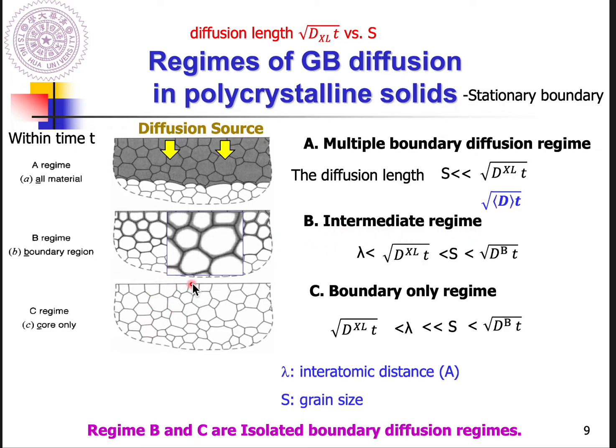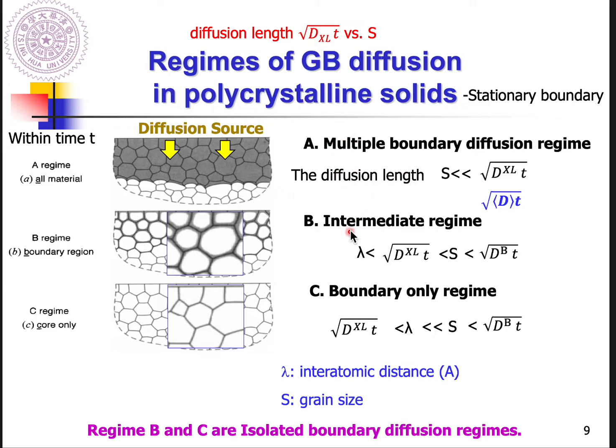The regime C is different from regime B, but similar: it diffuses along the grain boundary, but you don't observe the diffusing atoms diffusing into the grain. So we have three different diffusion patterns in polycrystalline materials through the grain boundary diffusion process.